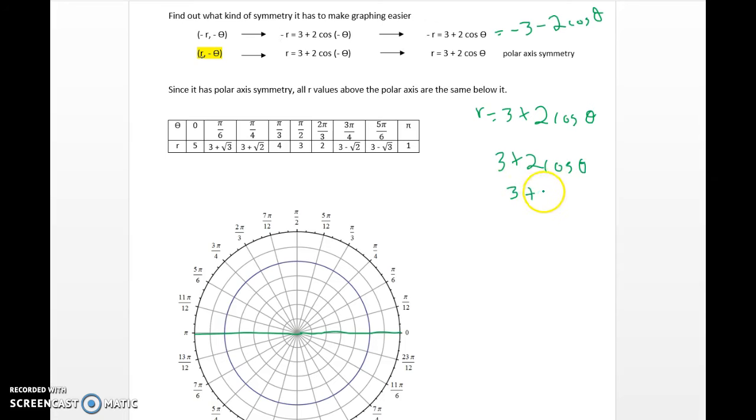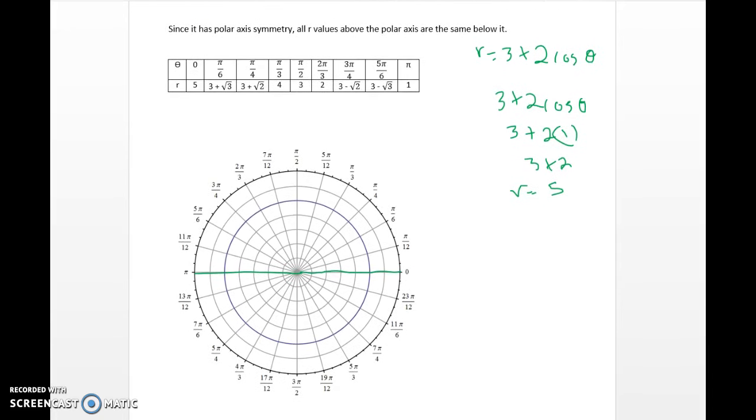So this is 3 plus 2 times 1, which is 3 plus 2, and that gives you 5. So r would equal 5 in this case. And continuing on all the way from 0 to pi using 30, 45, 60, and 90 degrees, I get my table that I made here.